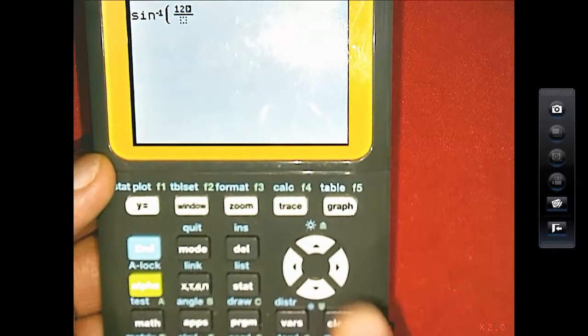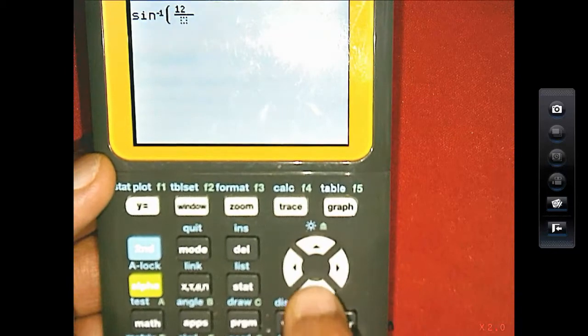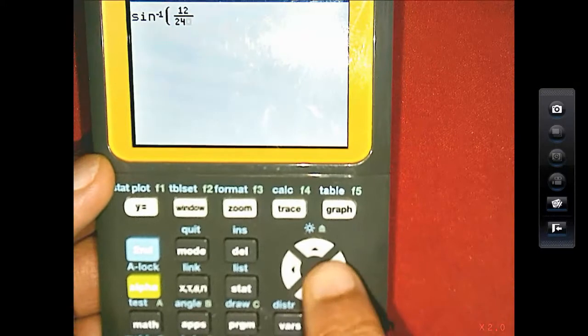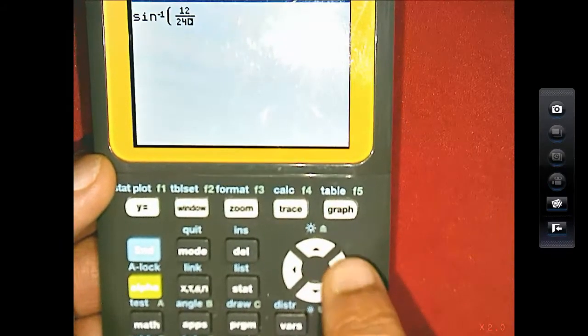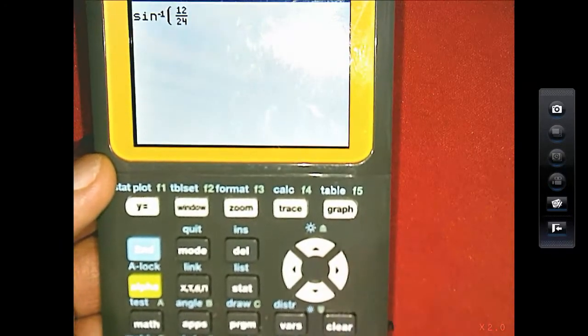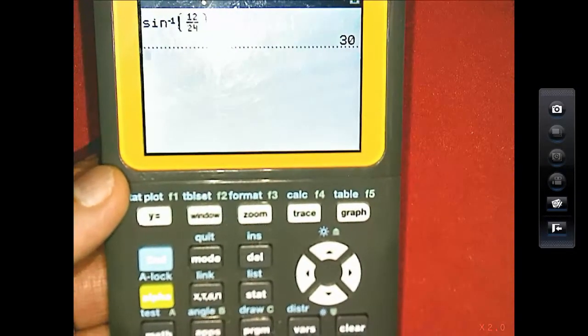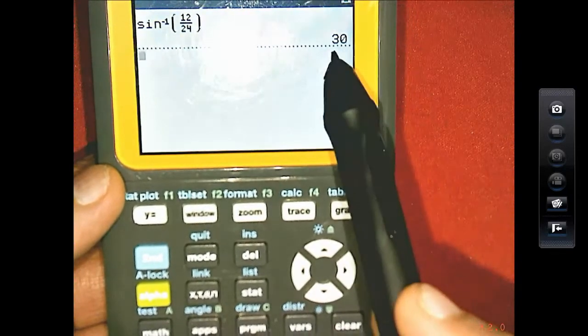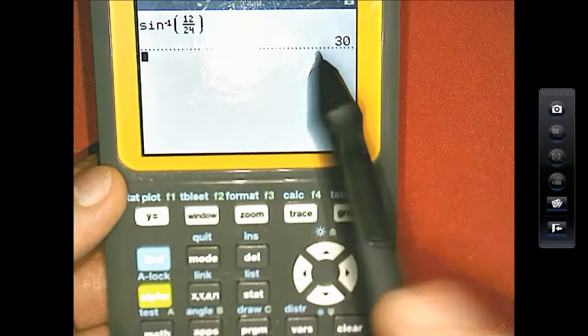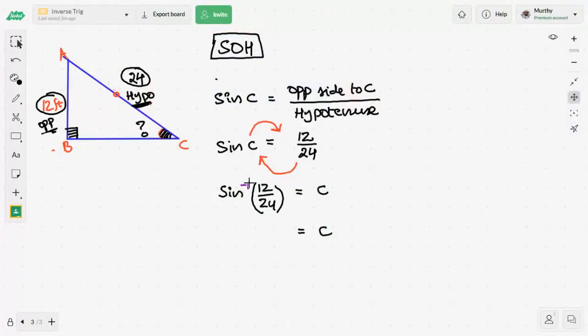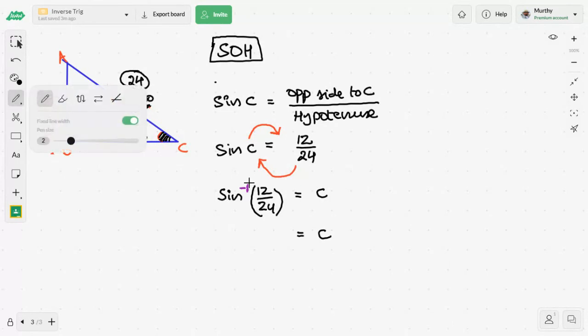Once I finish typing 12, use the cursor keys and go down, and in the denominator type 24. Once you are done, use the right cursor key and close the parenthesis. Then you see that it is 30 degrees. The value of sine inverse 12 over 24 equals 30 degrees.